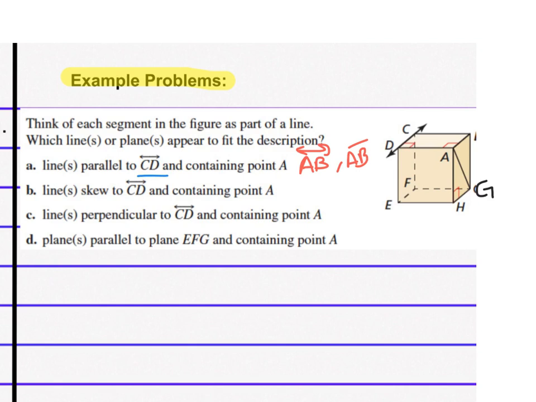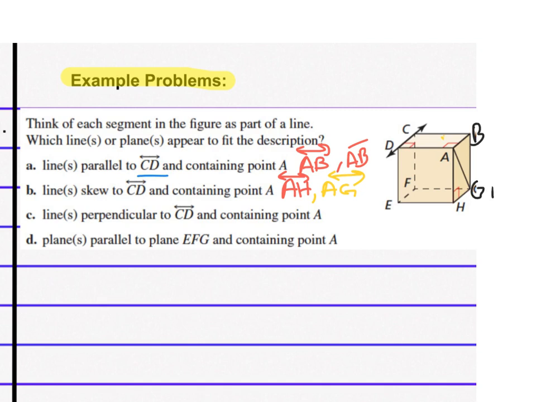Here's CD, so we want it to be skew, going through point A. So I would say AH would be a good option because that's not going to cross. AG would also work right here. Put B and G back here so you can see those.